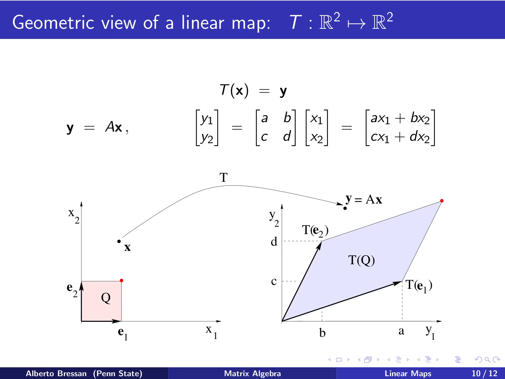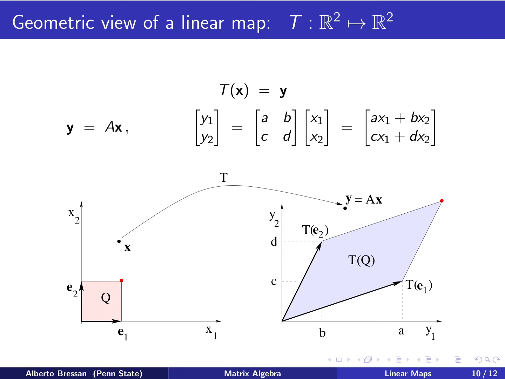So if you now take a unit square here in the first quadrant in this x1, x2 space, this unit square is now being mapped to this parallelogram, because this line is mapped here and this line is mapped here, and then this whole area becomes this whole area.